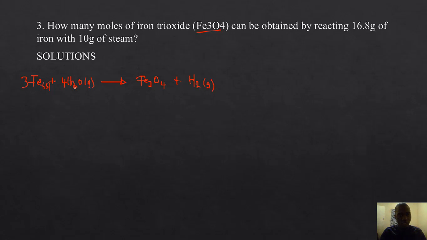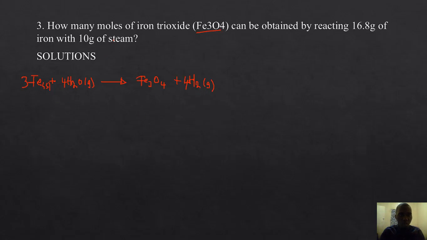Since we have 8 hydrogen here, it also means that we can add a 4 so that we have 8 hydrogen, and that is our balanced chemical equation. Alright, let me just confirm. So we have 4 hydrogen. Okay, everything is balanced here. So this is the balanced chemical equation.